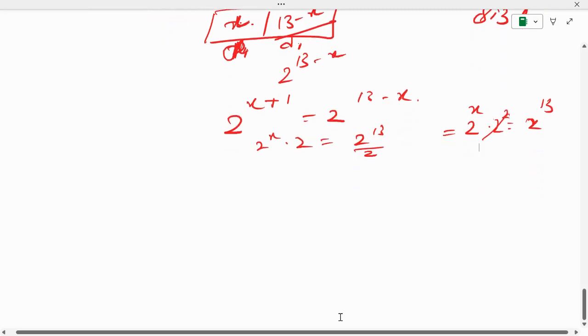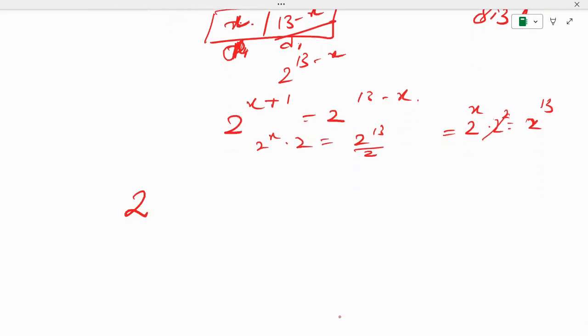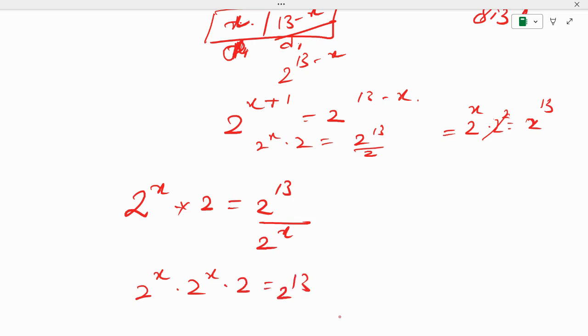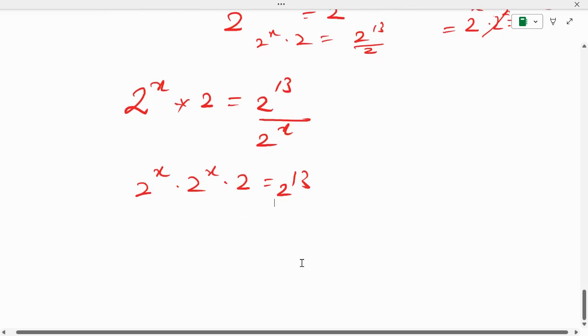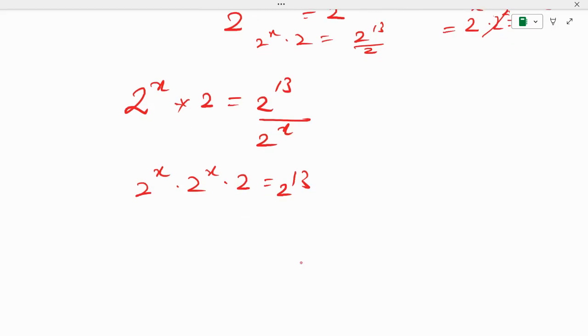Let me illustrate it down. So 2 raised to the power x into 2 is equal to 2 raised to the power 13 by 2 raised to the power x, and it's 2 raised to the power x into 2 raised to the power x into 2 equal to 2 raised to the power 13, and then it becomes equal to 2 raised to the power 2x.